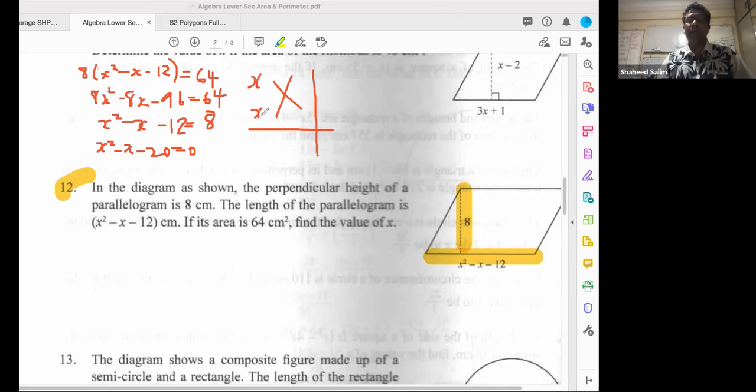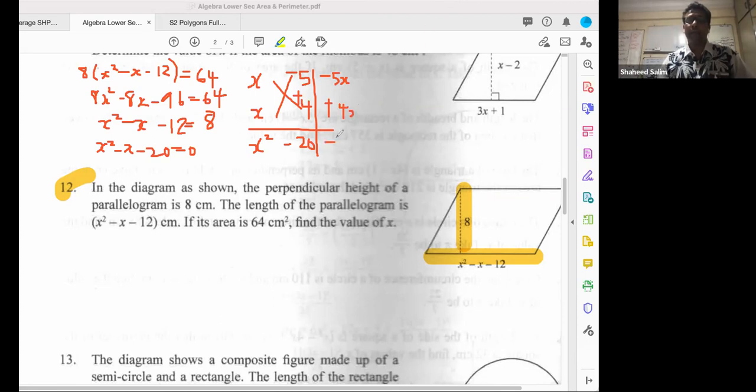x squared. What times what equals 20? I can say 5 times 4. And why is this good? Because we want the difference to be 1. And it's a minus, so I put a minus here and a plus here. This one will be minus 20. So you get minus 5x plus 4x, and the final result is minus x.